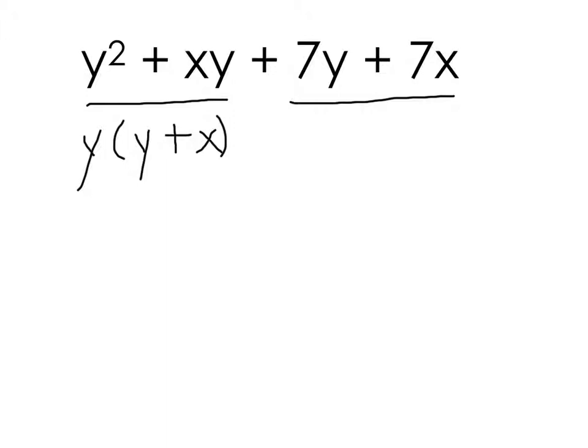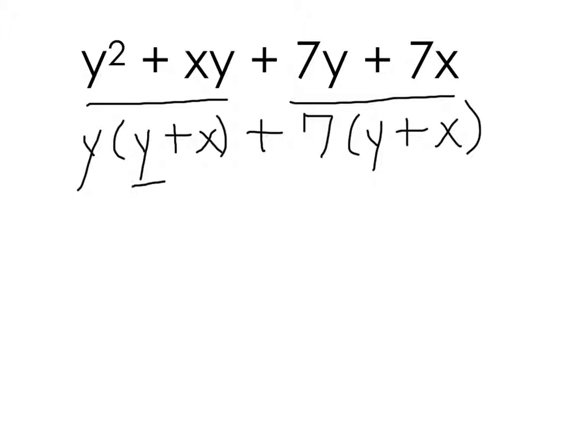There's plus 7xy plus 7x, so we're going to say plus. Now, we want to factor out the common factor here also. So I see 7y and 7x, the common factor is 7. And we have y plus x. So look what happened.